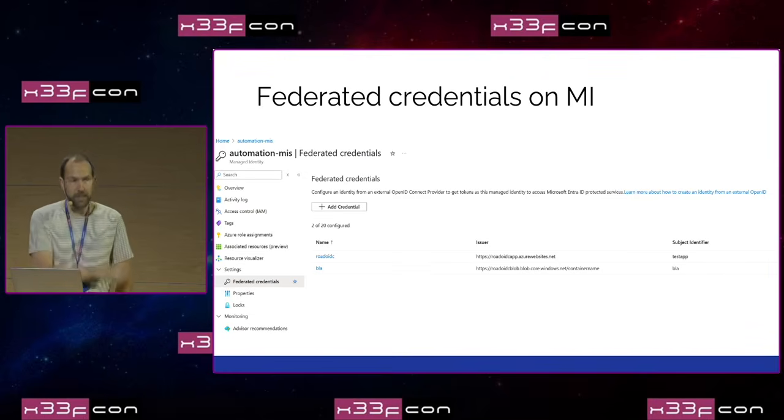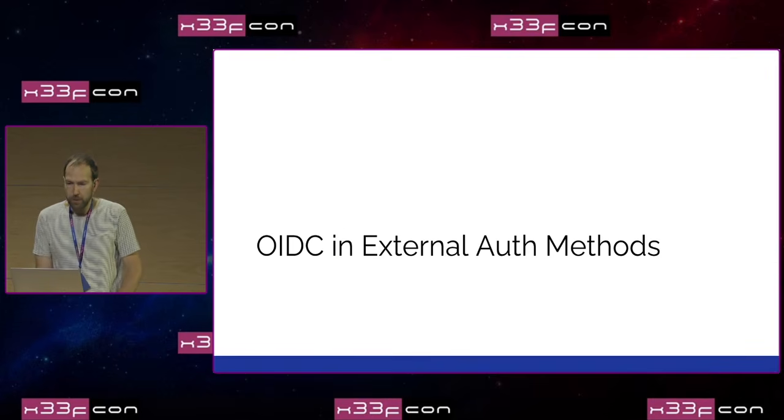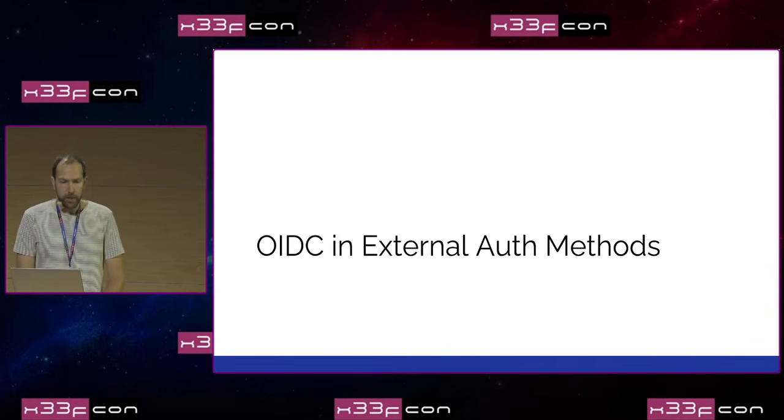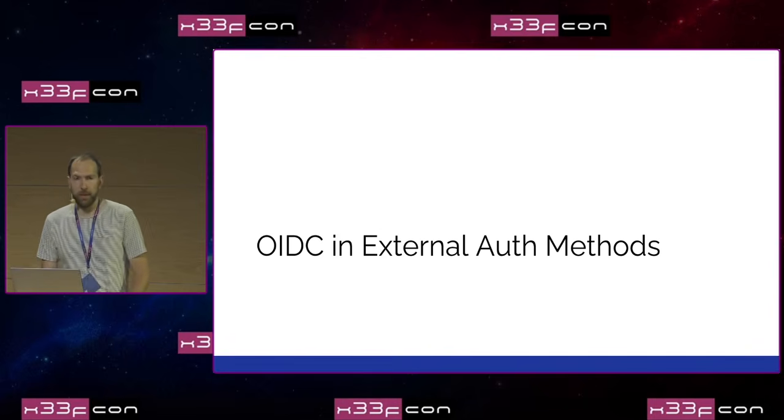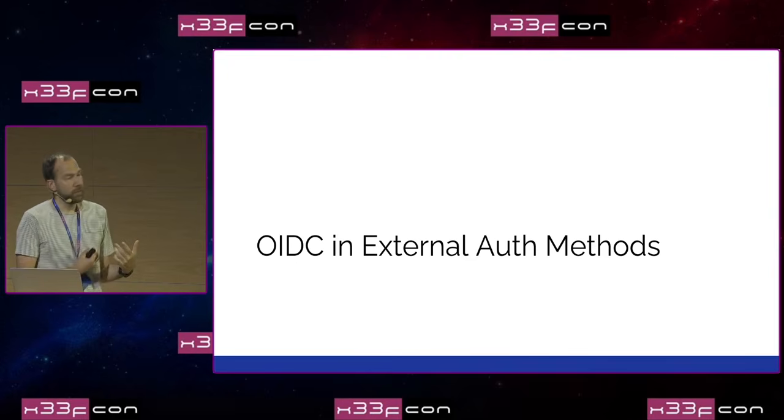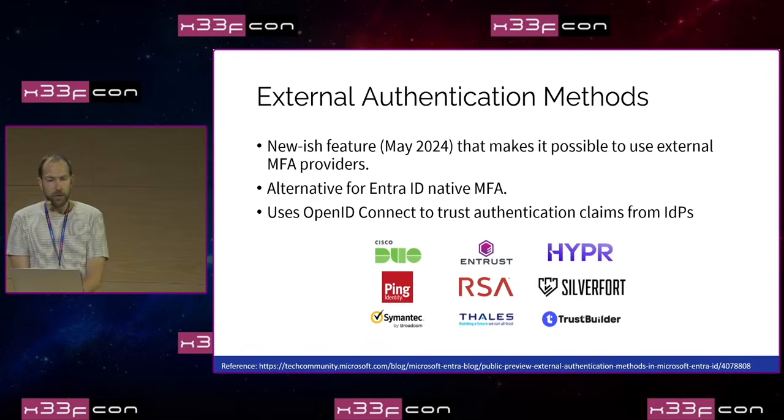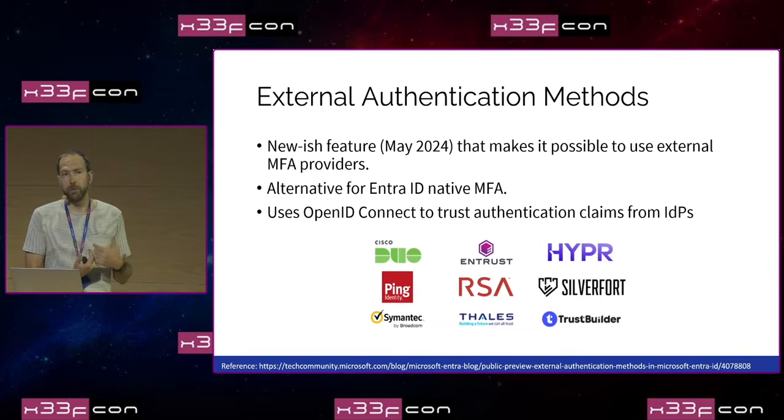And if you want to learn about the exact permissions that you need to do this, I wrote a blog about this last year. So this is not new specifically, but there are a few more implementations that are also quite interesting. And one of those is the external authentication method. So external authentication methods is one of the protocols that actually use OpenID Connect. And this is a relatively new feature. It's been around for like a year. And this basically makes it possible to add external authentication providers to Entra.